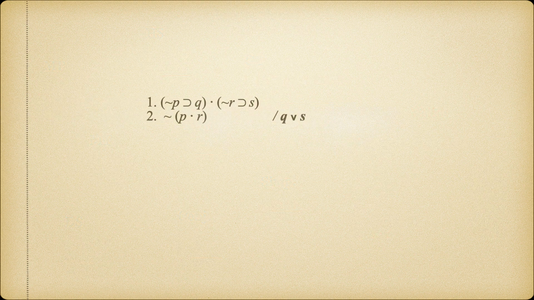But what about this argument? It's immediately clear that the conclusion would follow using a constructive dilemma, but I don't have a premise that would allow me to proceed. What I need is a premise in the form of not P or not R, but what I've got is, it's not the case that P and R. Is this argument valid?